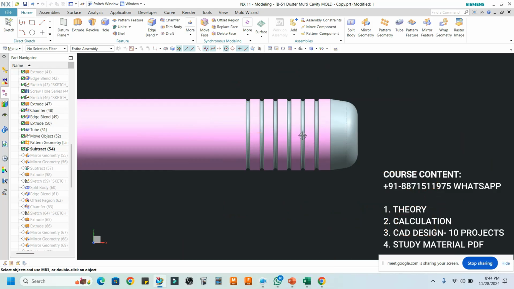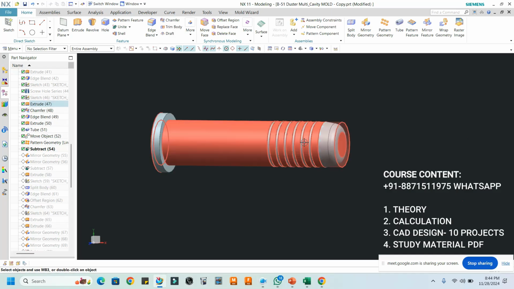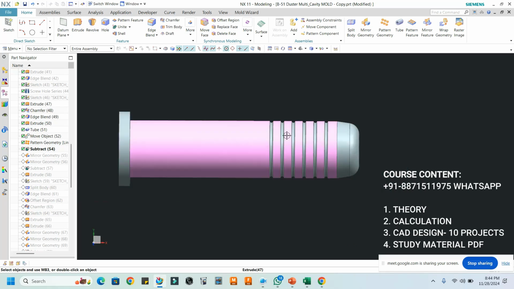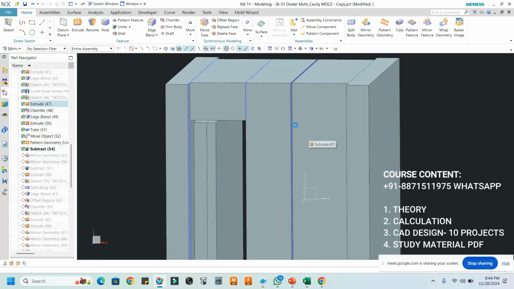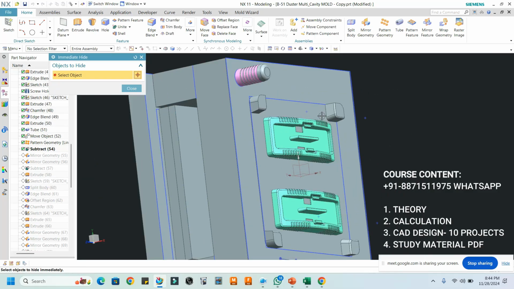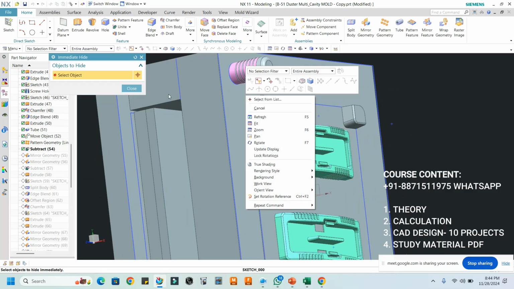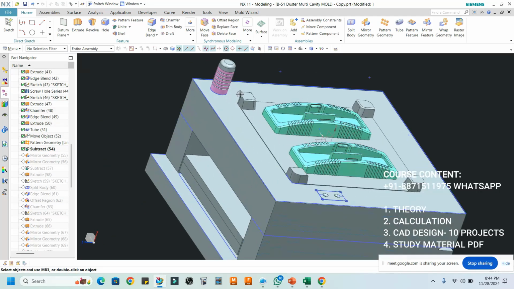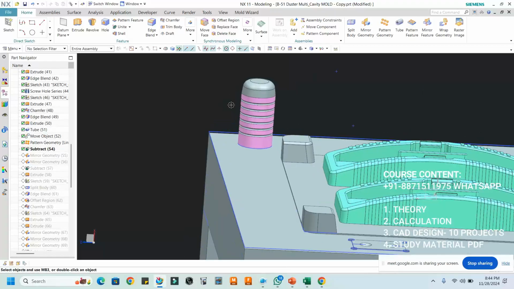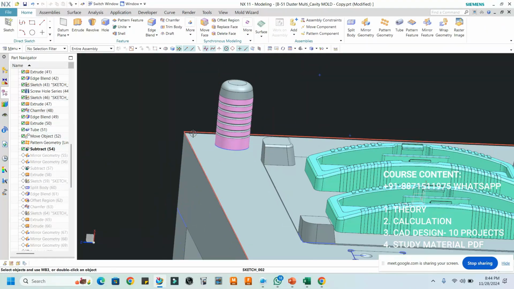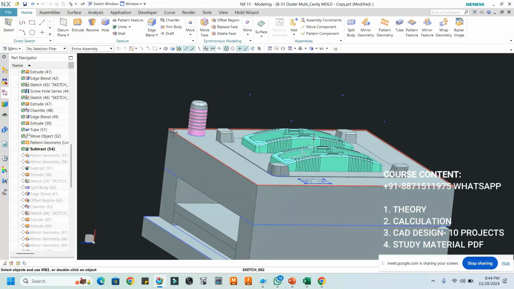What is the use of these grooves again? To provide smooth motion, and because of these grooves we can avoid suction.